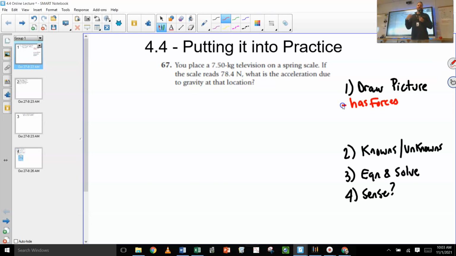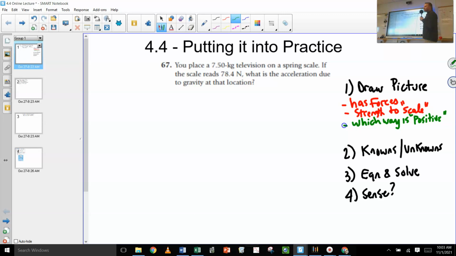Make sure that you label what the forces are, what directions they're going, and then their relative strength, to scale, meaning that if one force is the same as the other, I'm going to actually draw them the same. Make sure that you label which direction is positive as well.